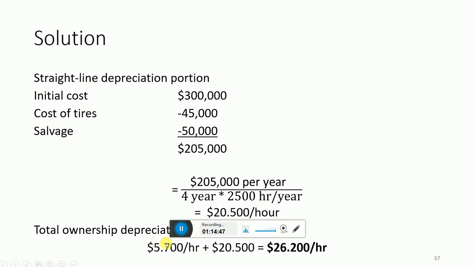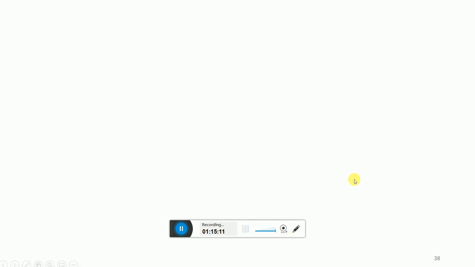So in this method we have to add up both the cost of money portion plus the straight line depreciation. So we add both, and we get $26.2 per hour. So with this average annual investment method, we get the value of $26.2 per hour.